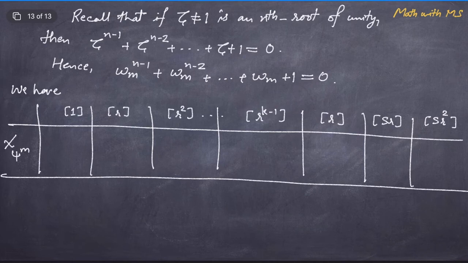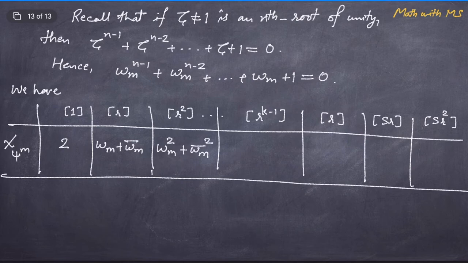Now character value at the identity of the group is the degree of the representation, so it is 2. We know that psi m of r is a matrix A and its trace is simply omega m plus omega m bar. Psi m of r square will be psi m of r whole square, that is A square, and the trace of this matrix is omega m square plus omega m bar square.